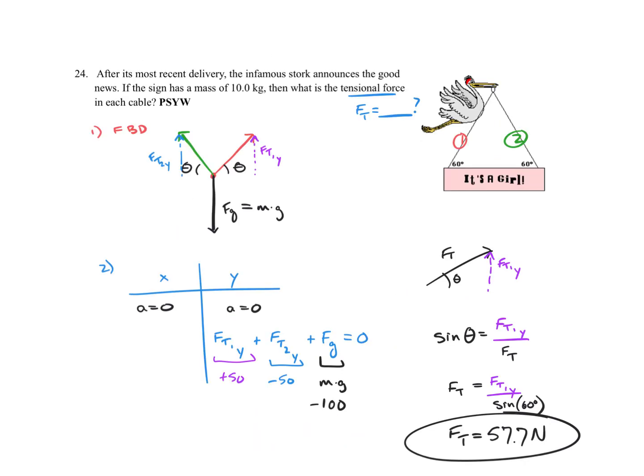The last question is a little bit tricky with how to set up the free body diagram. Now this one asks for the tension force. What is the force from each cable? And there's two cables here. There's this one, I call this cable 1, and this one, cable 2.